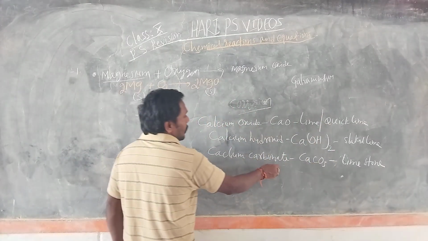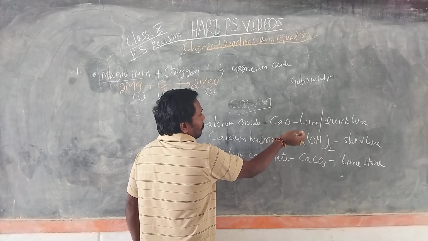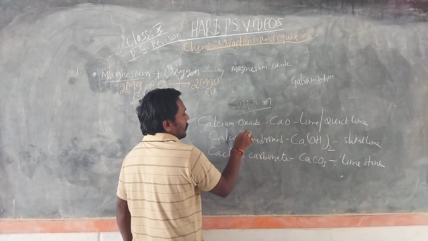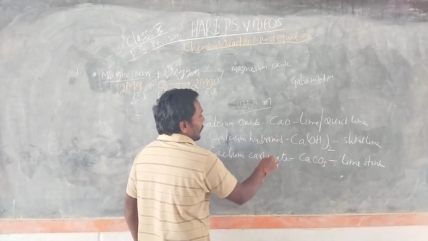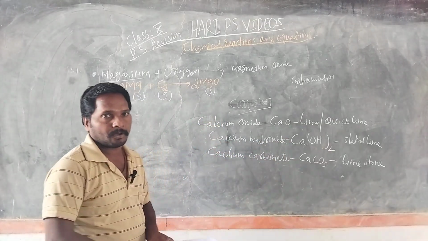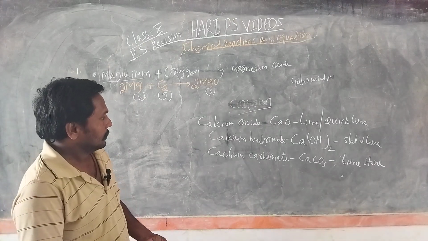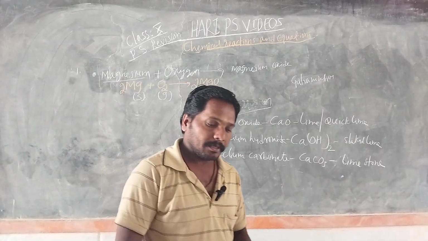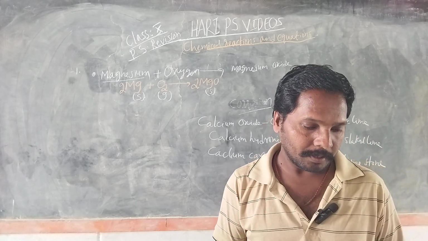When calcium carbonate is heated, calcium oxide is formed. When we add water to this calcium oxide, it gives calcium hydroxide. Okay, calcium hydroxide. Next one.